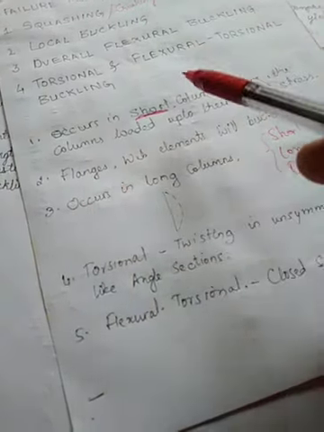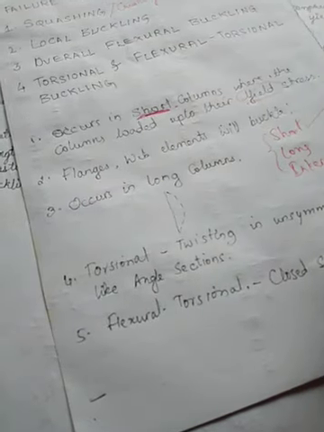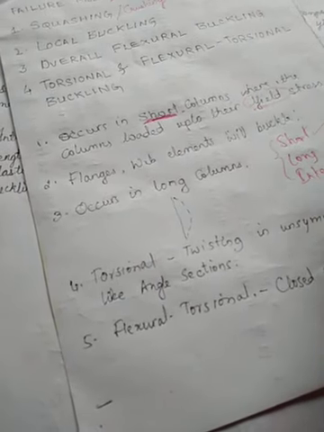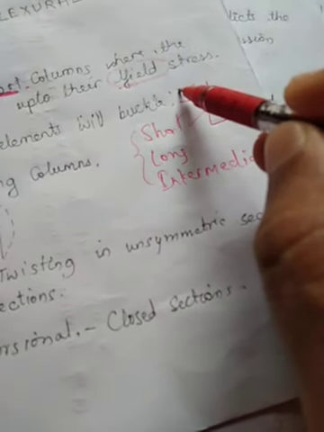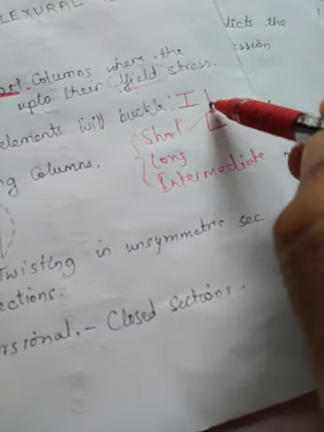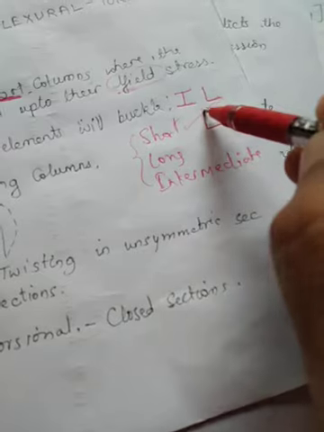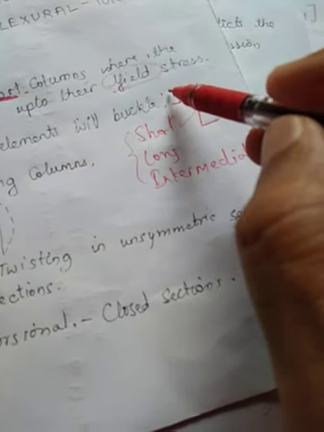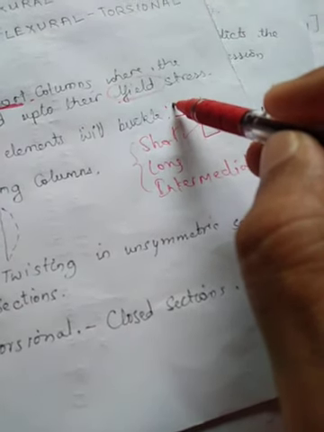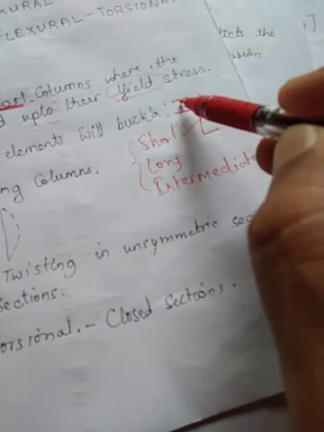So local buckling, if I have sections like an I section, angle section, C section, or a channel, we have buckling in these elements.